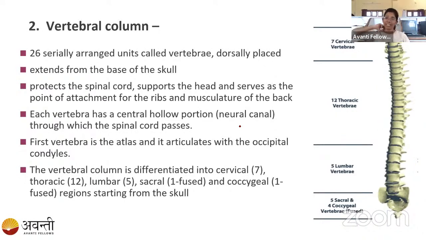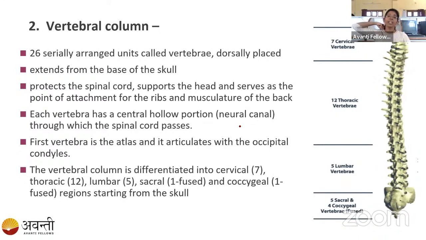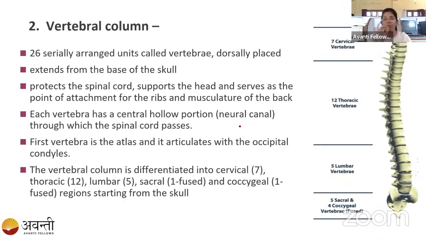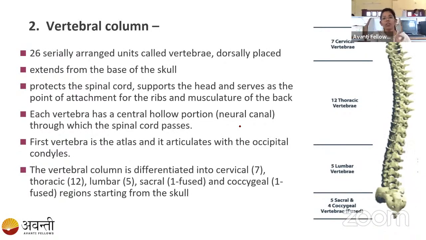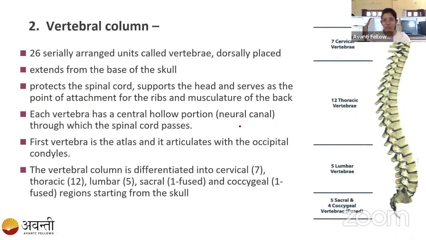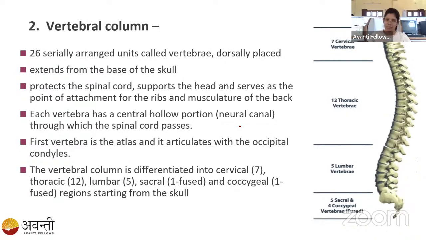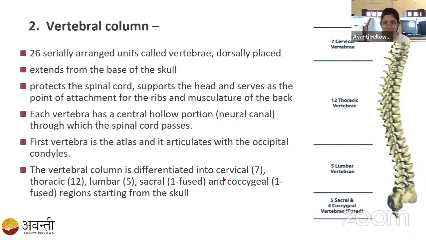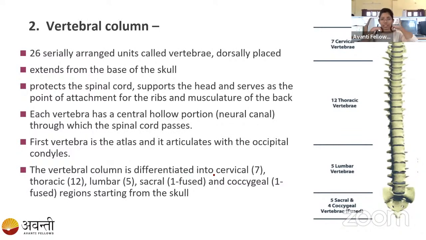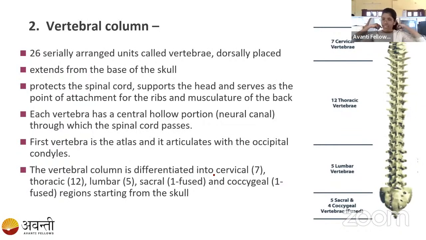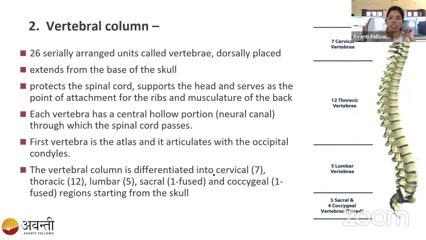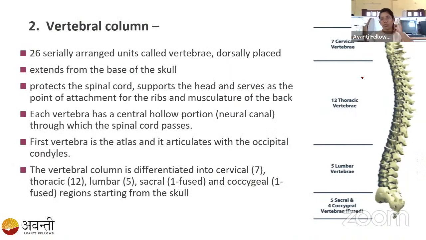So our vertebral column, which is present on the dorsal side, it is very easy to remember all the names if you know the technical words already. The cervix area means the neck area.